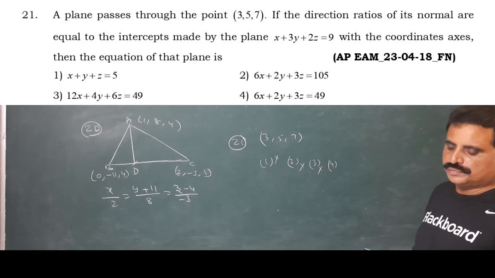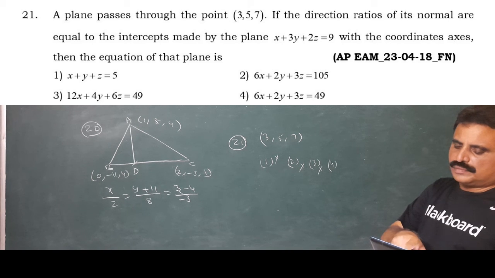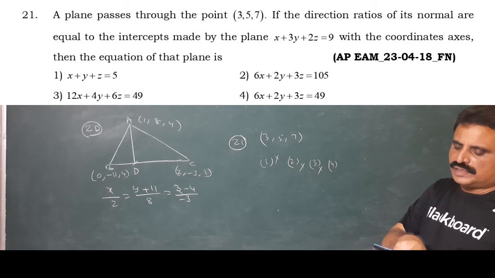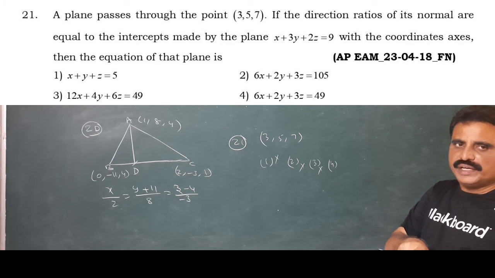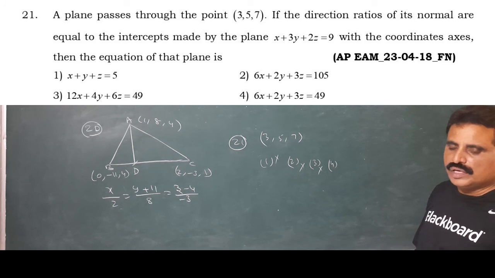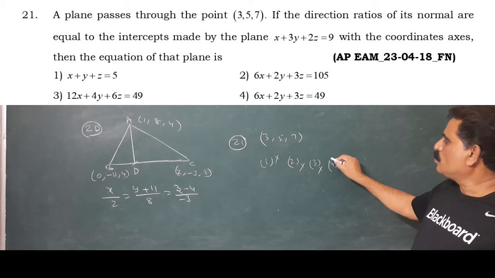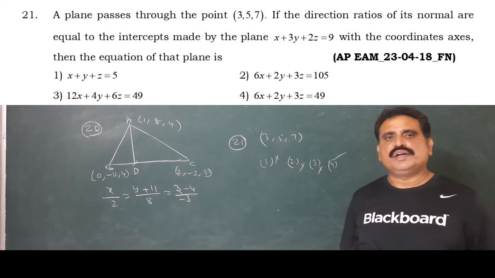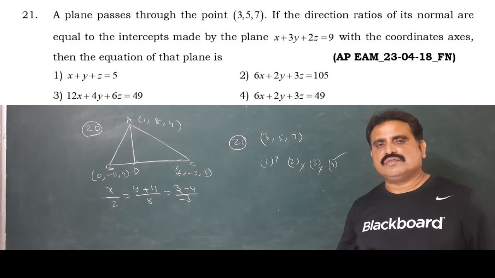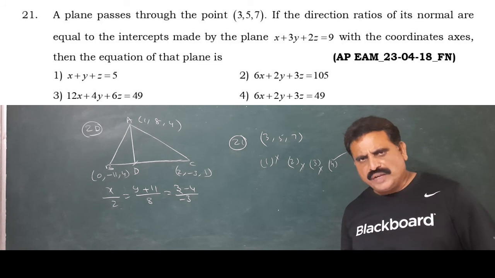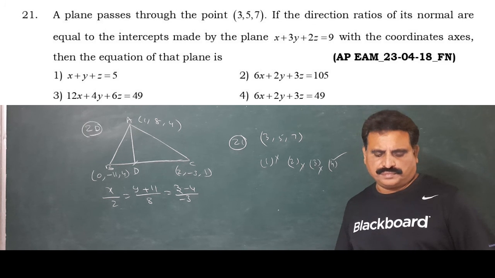Fourth option: 6 into 3 is 18, plus 10, 28, 28 plus 21 equal to 49. That is true. The fourth option is the right answer. We need not go to the second condition. By using the first condition, we can easily decide. It is a previous MSET question.